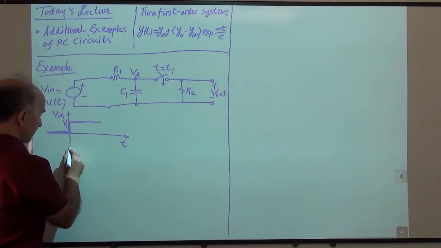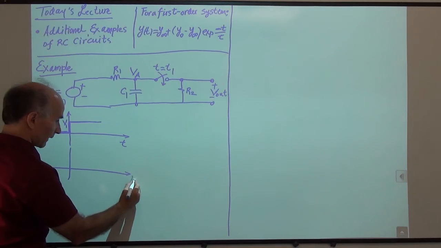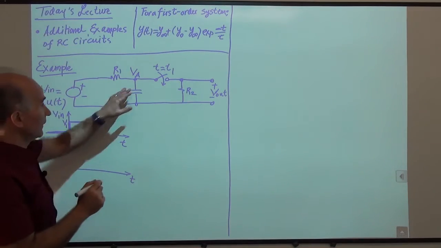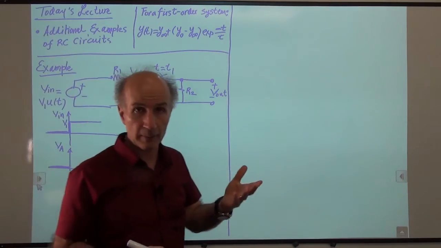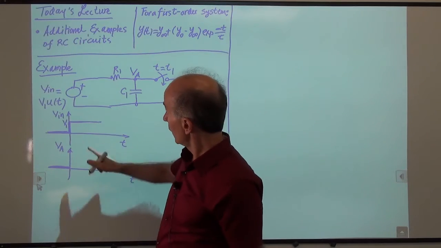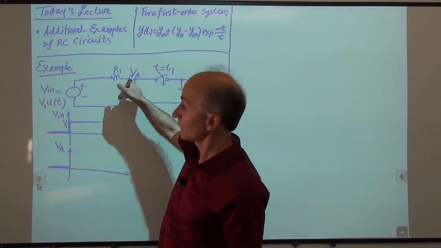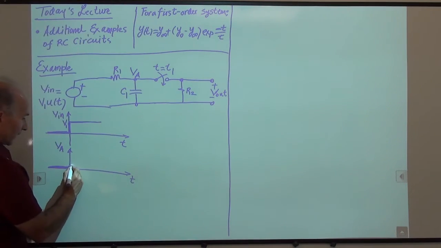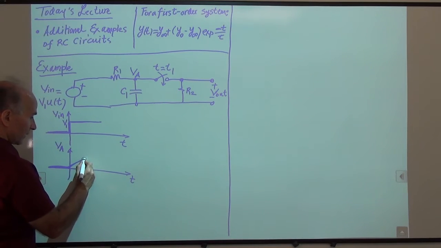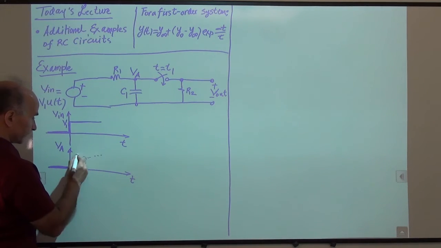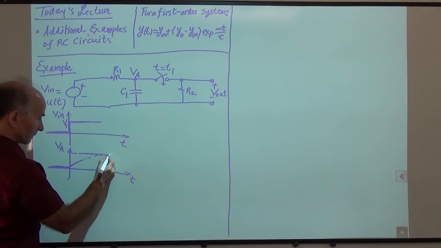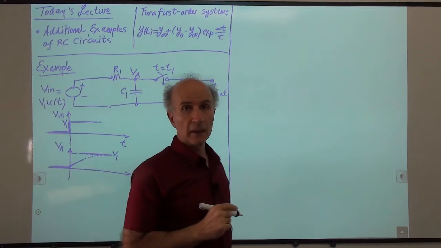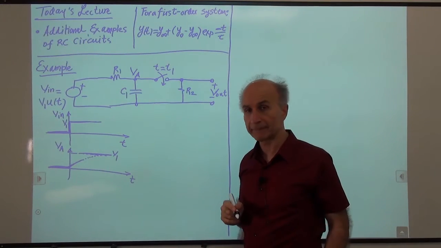So VA is 0 before we apply the step, right? There's nothing on the capacitor, that's our assumption, no initial condition. And then once the step arrives, this capacitor begins to charge towards this final value of V1. So VA wants to go like this with a destination of V1.